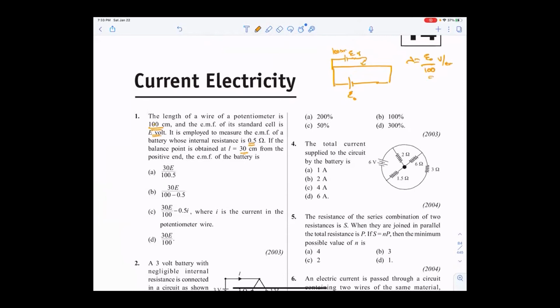The EMF of the standard cell is E. The balancing length L is equal to 30 centimeters from the positive end. It is asking the EMF of the battery.